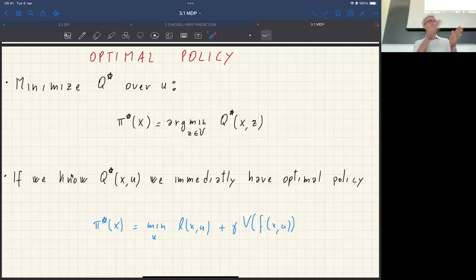So you just have to evaluate Q star for all possible values of the action space and then pick the minimum one. So it's a very easy minimization in that case.